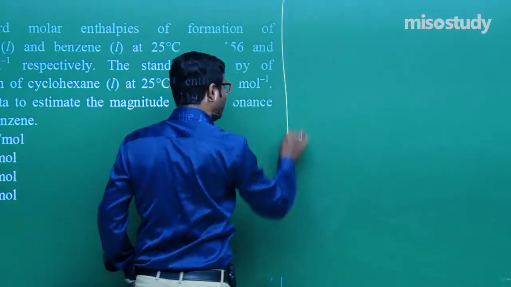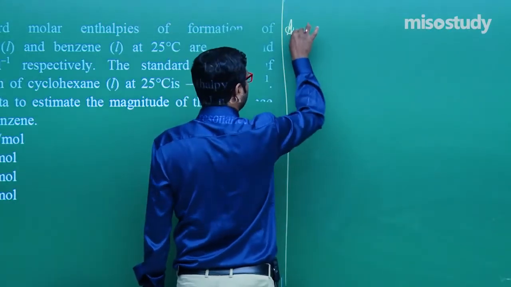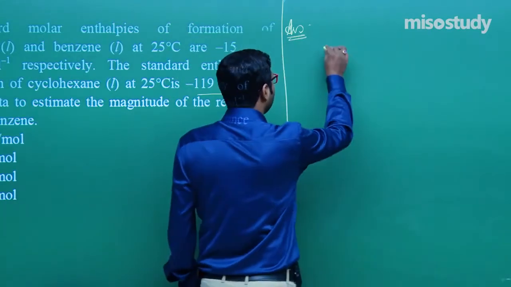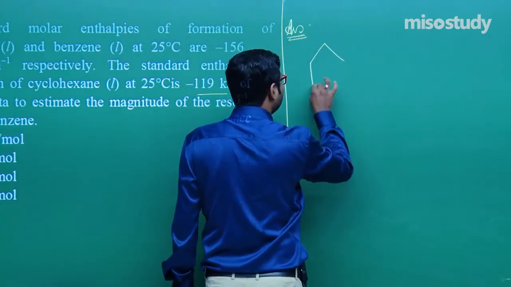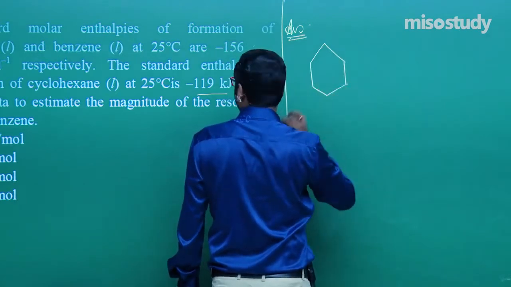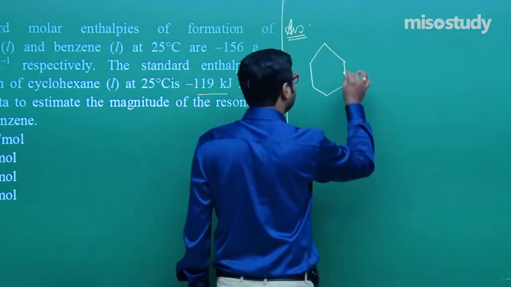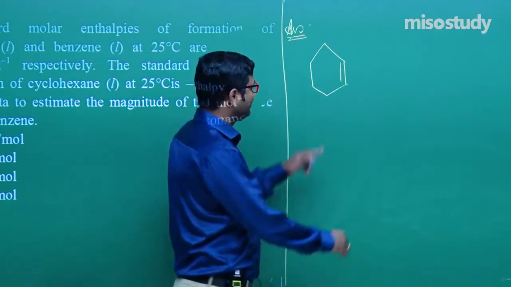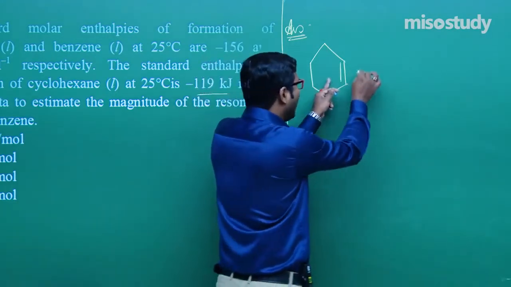Now, what is given in the question? This is one of the best questions in this segment. It is given the standard enthalpy of hydrogenation of cyclohexene.